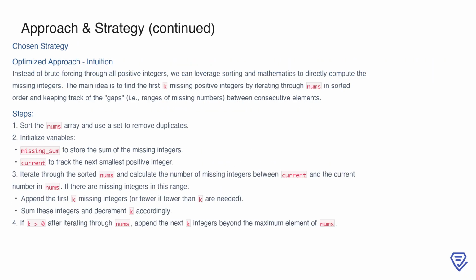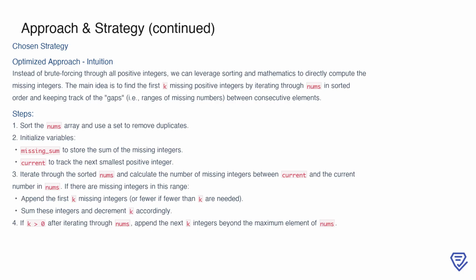To improve on the brute force method, we adopt an optimized approach that combines sorting and mathematics to systematically find the missing integers. The key idea is to leverage the structure of a sorted array to identify gaps between consecutive elements, which represent the missing numbers. To implement this, we start by sorting the input array and removing duplicates using a set.